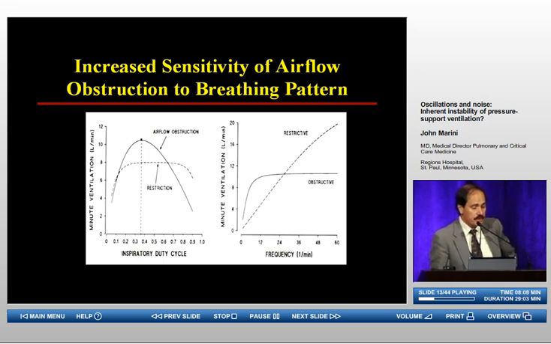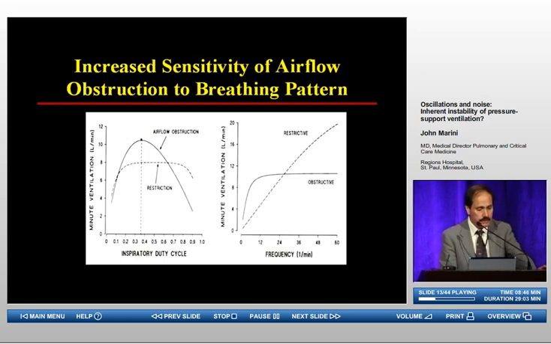That sort of interaction determines why it is that there is increased sensitivity of airflow obstruction to the breathing pattern. And this is just from an old paper that we did with regard to pressure-controlled ventilation, showing that inspiratory duty cycle and frequency both have fairly powerful influences on minute ventilation as opposed to the restrictive situation, whereas varying inspiratory duty cycle does not much influence minute ventilation for a given frequency.